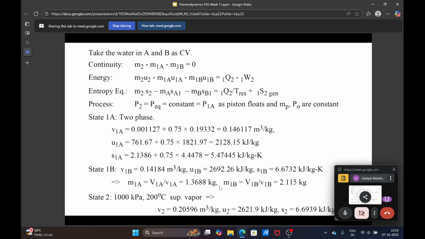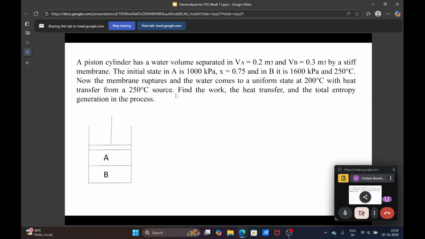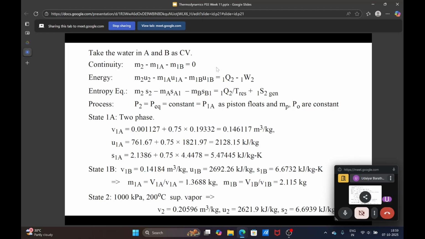Now at state 2, we know that the pressure is 1000 kilopascal and it's at 200 degrees Celsius, so it's superheated vapor.